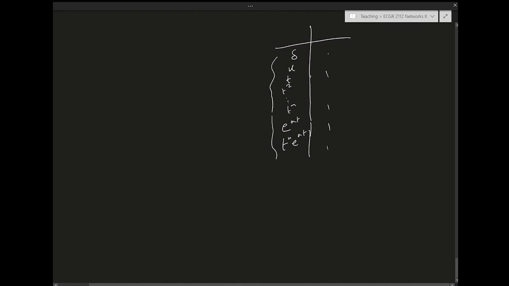What's left out of the elementary functions? There are a lot of elementary functions, but the major ones that are left are really the trigonometric functions. So now the question is, how do we transform sin(ωt), and remember, we always need to multiply by u(t), or cos(ωt) u(t)? There are different ways of finding those transformations.